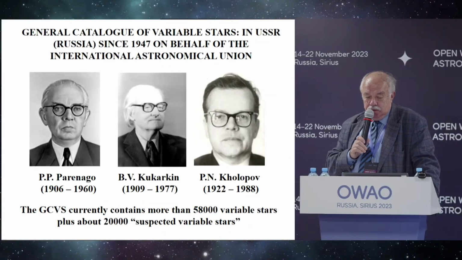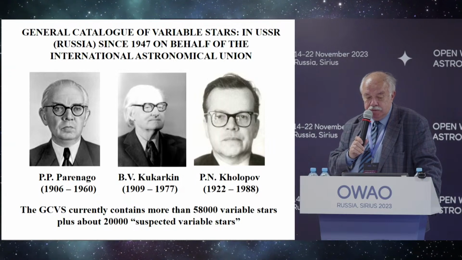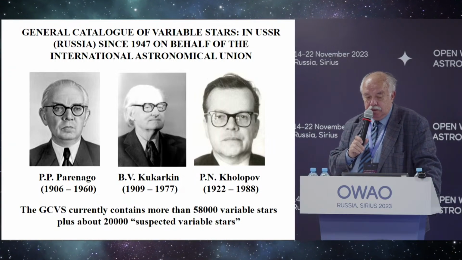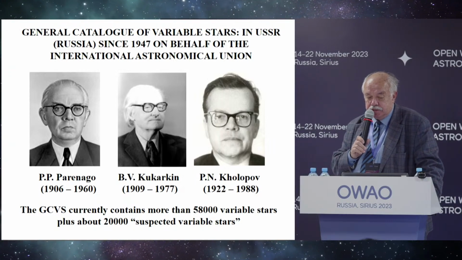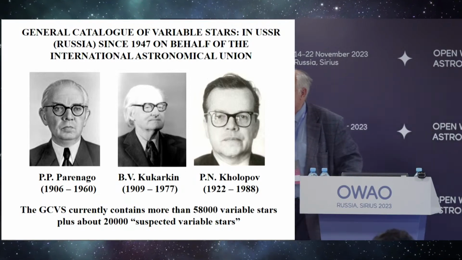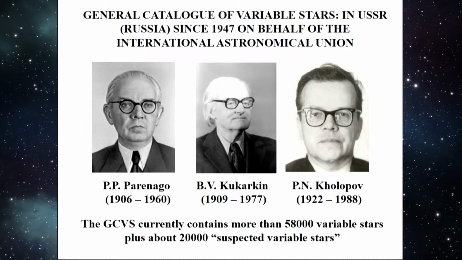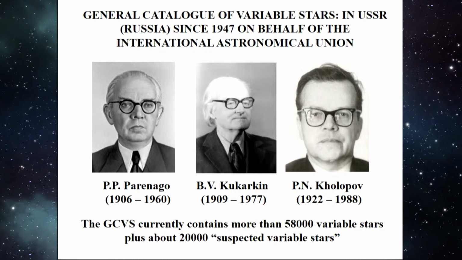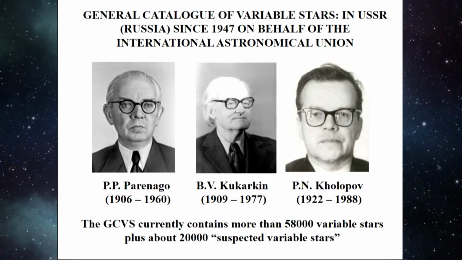Professor Parenago lived only 54 years. Professor Kukarkin lived only 68 years. And Professor Kholopov lived also 66 years. And I'm the fourth boss of the project, and I'm 73 now. So I'm happier than they.